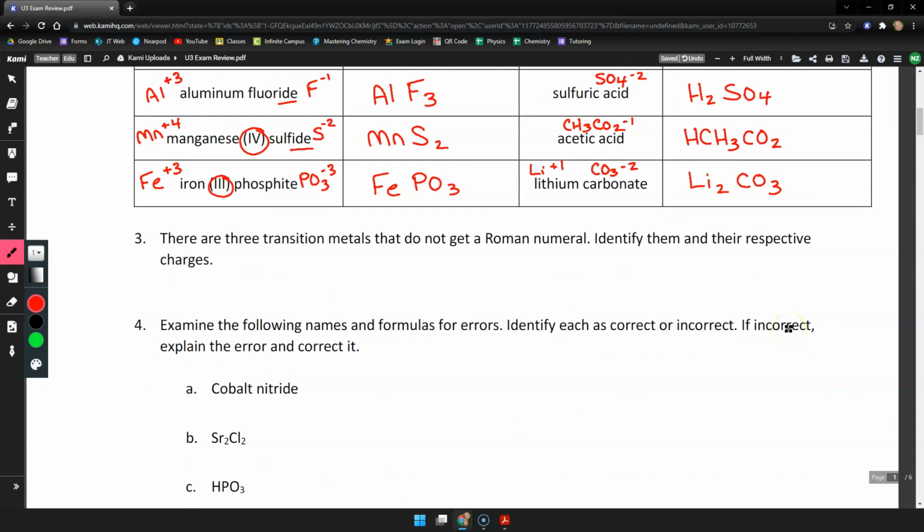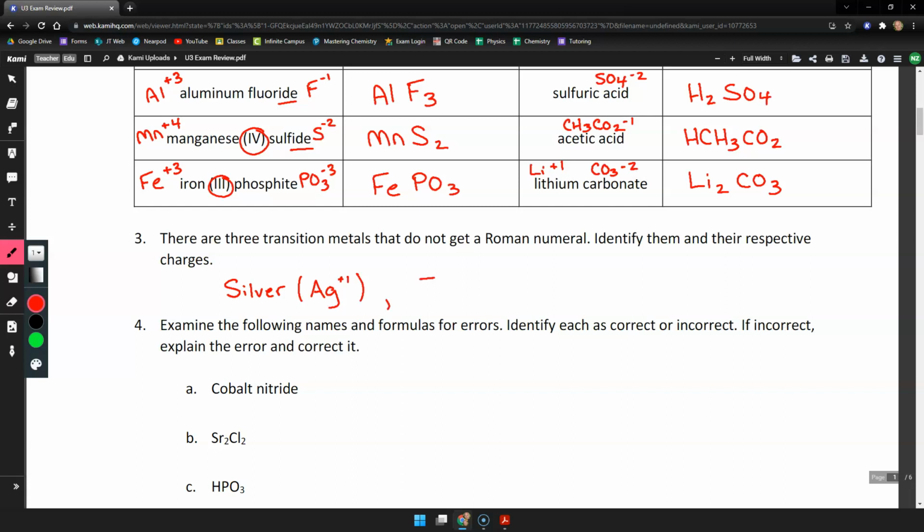All right, number 3 says, there are 3 transition metals that do not get a Roman numeral. Identify them and their respective charges. Okay, so there are 3 of them. The first one is silver. Silver, Ag, will always be a +1.